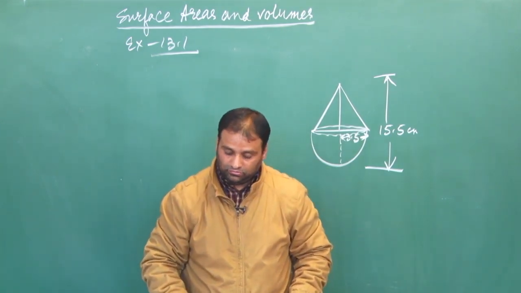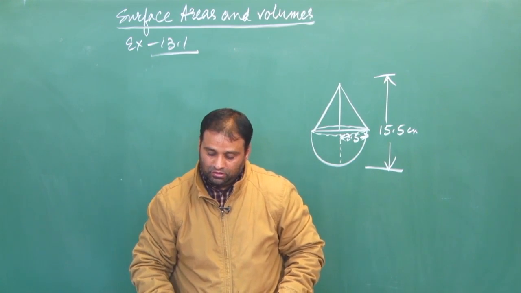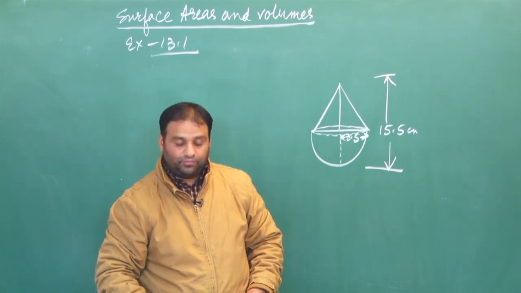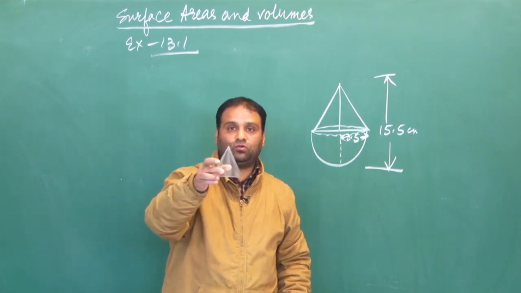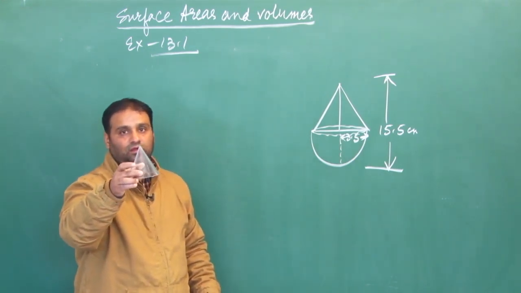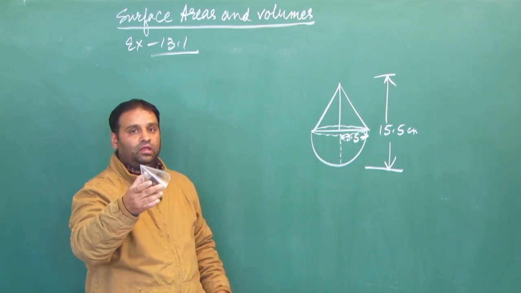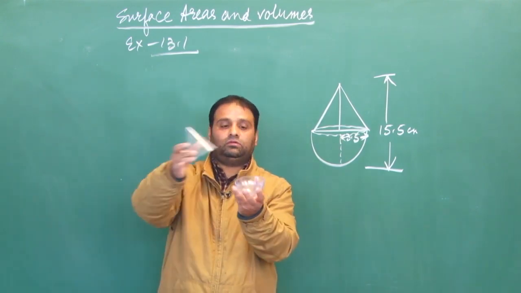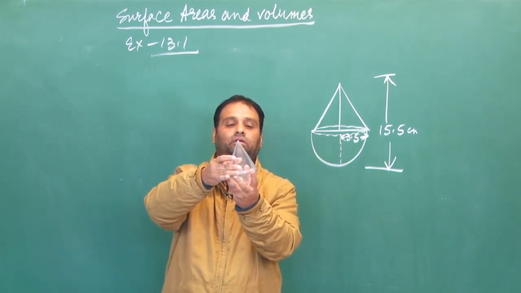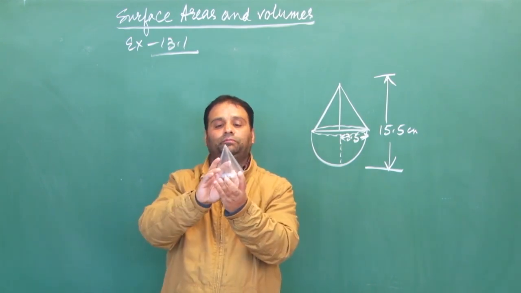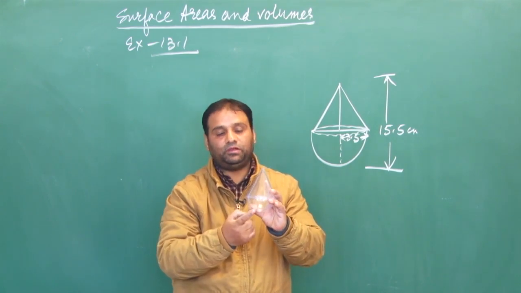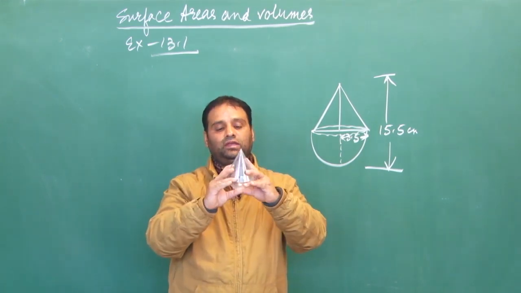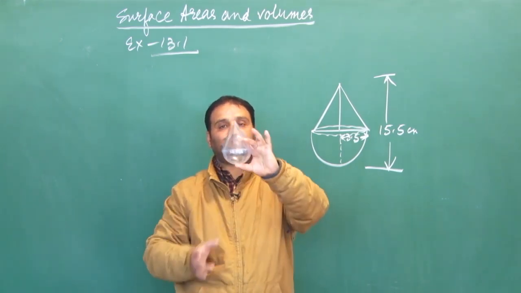And when the question says a toy is in the form of a cone mounted on a hemisphere, this is the cone, you can see a hollow cone, and this is the hemisphere. The cone is mounted on the hemisphere. The radius of the cone and the hemisphere remains the same, and the toy exactly looks like this.